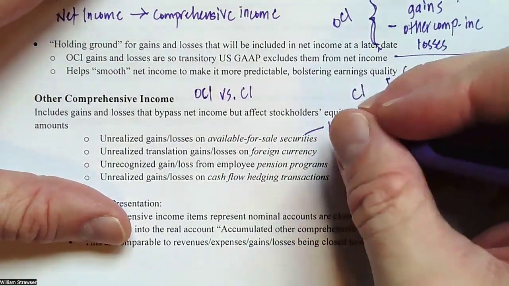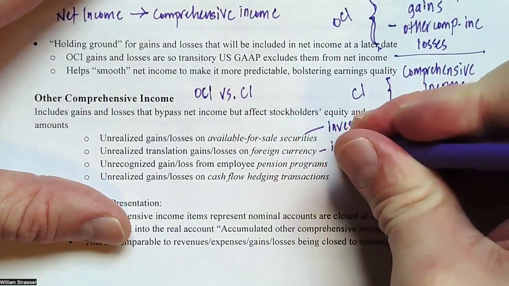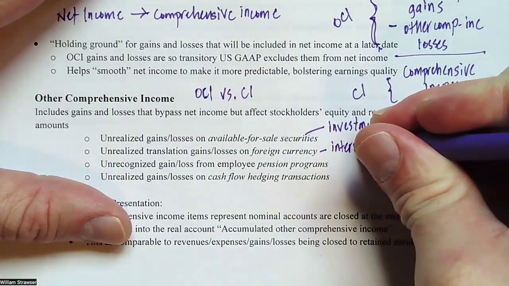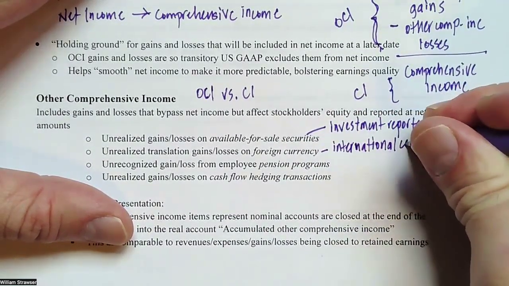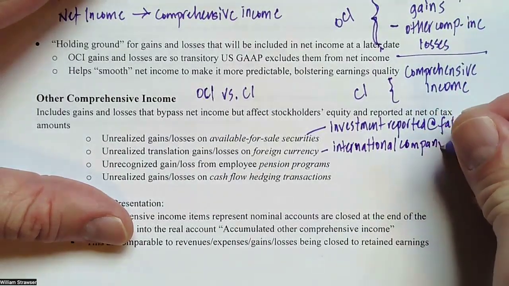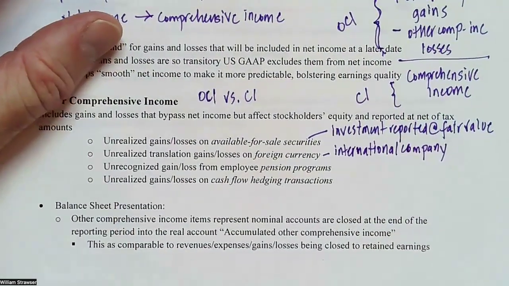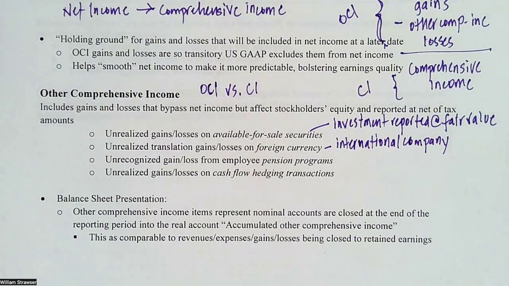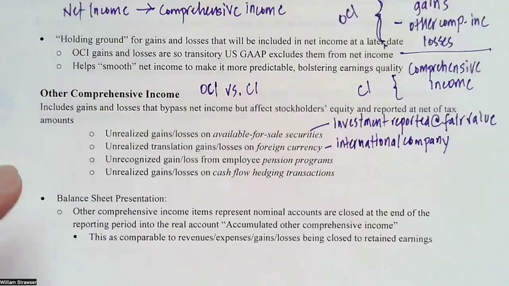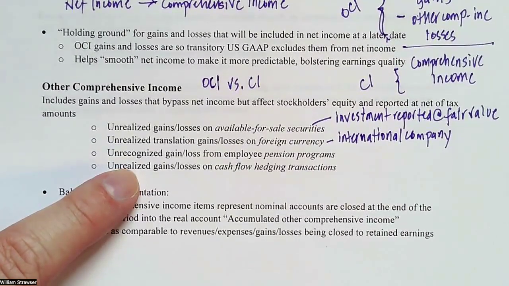And so this is going to be the purview of an international company with businesses in different countries. Again, since those assets are changing value, this is just a gain or a loss based on where that dollar to foreign currency ratio was at the beginning of the year versus what we can get for it now. And again, it'll go all over the place because currencies gain and lose strength against each other all the time.